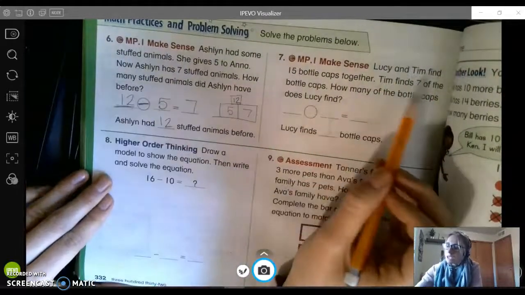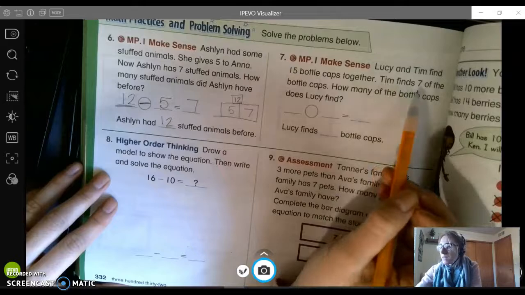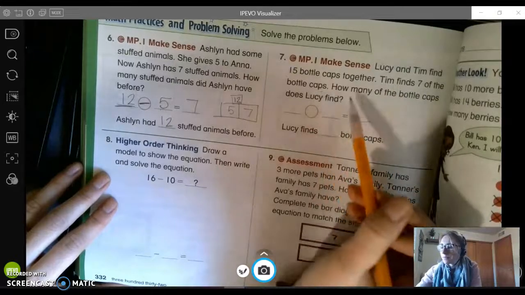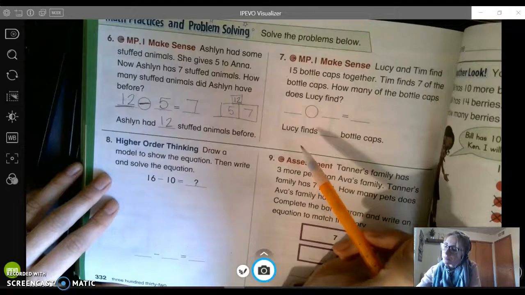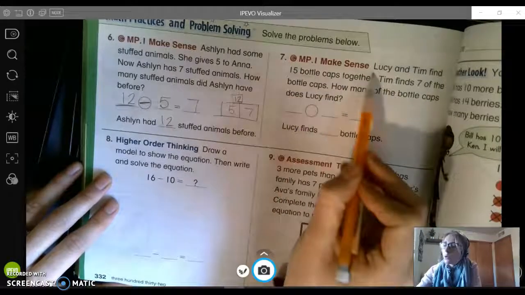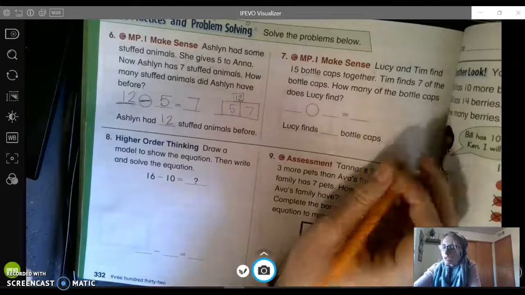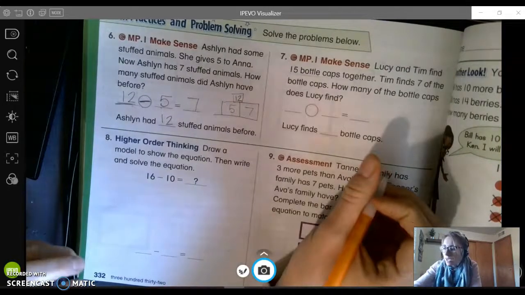Next one, Lucy and Tim find 15 bottle caps together. Tim finds 7 of the bottle caps. How many of the bottle caps does Lucy find? So 15 together tells us this will be the whole. So you can do either addition or subtraction and find the missing part.